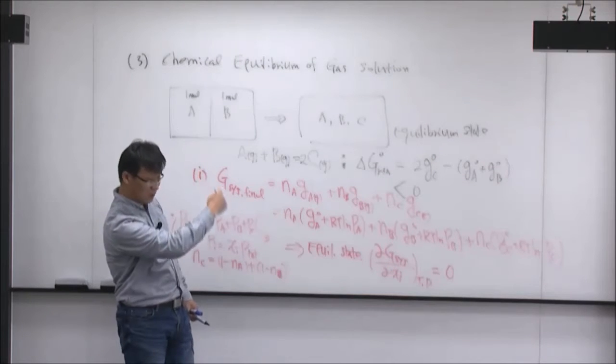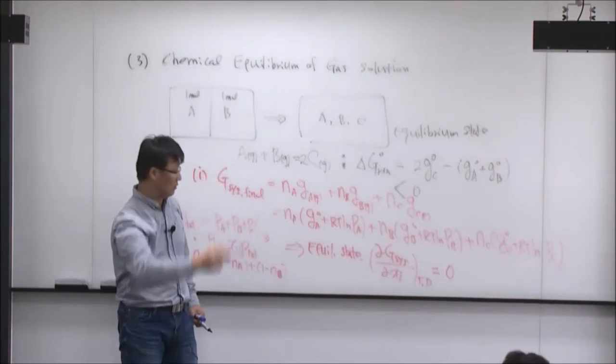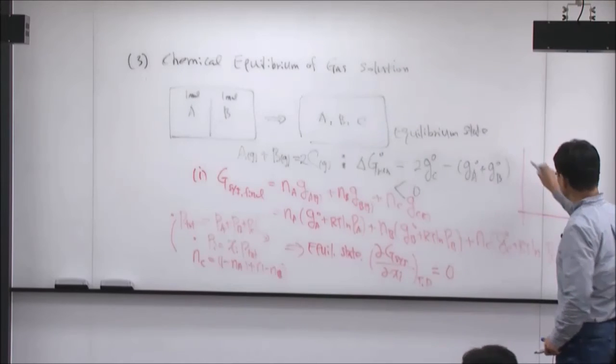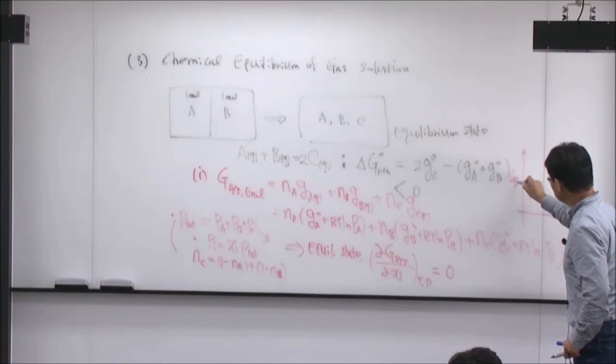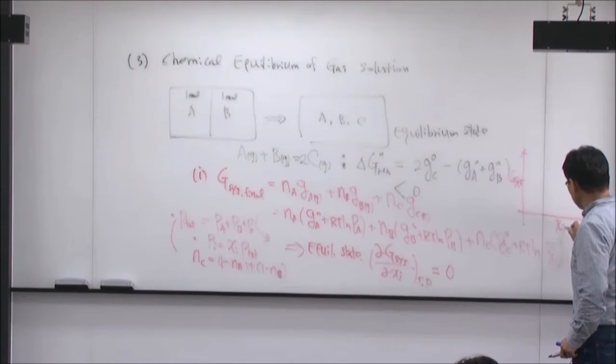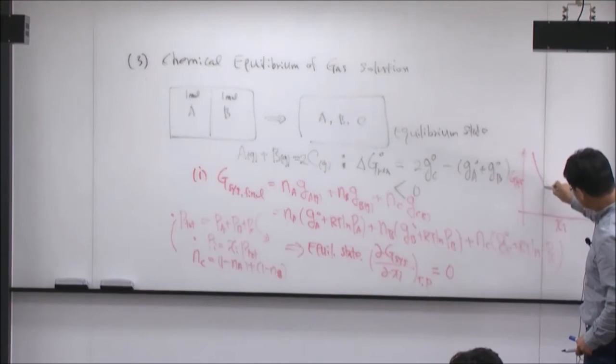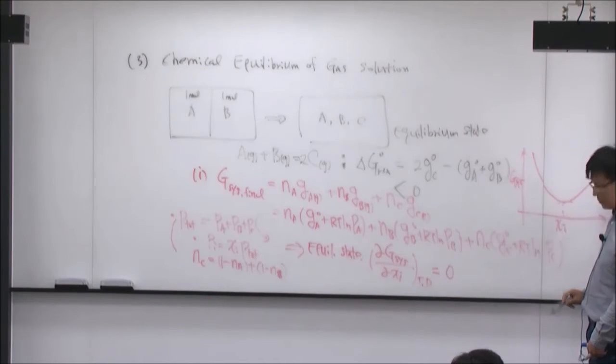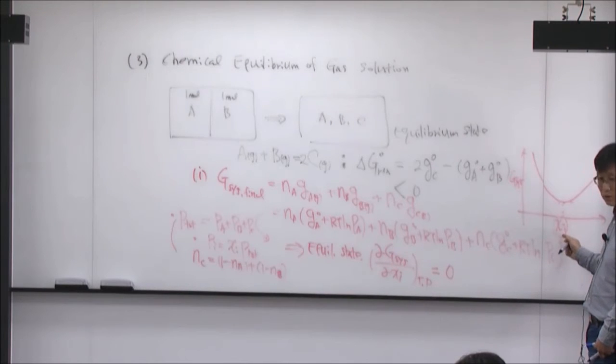The Gibbs energy will decrease, decrease, decrease, and increase again. So if I draw the graph like this, this is the Gibbs energy of the system, and if I change the mole fraction Xi, it will decrease and then increase again. This state is the answer we want to get. This axis is the mole fraction Xi of the gas phase.